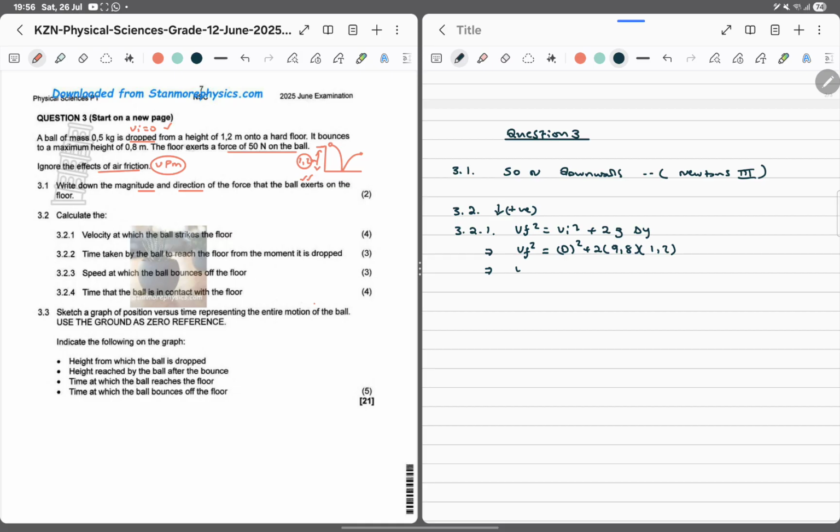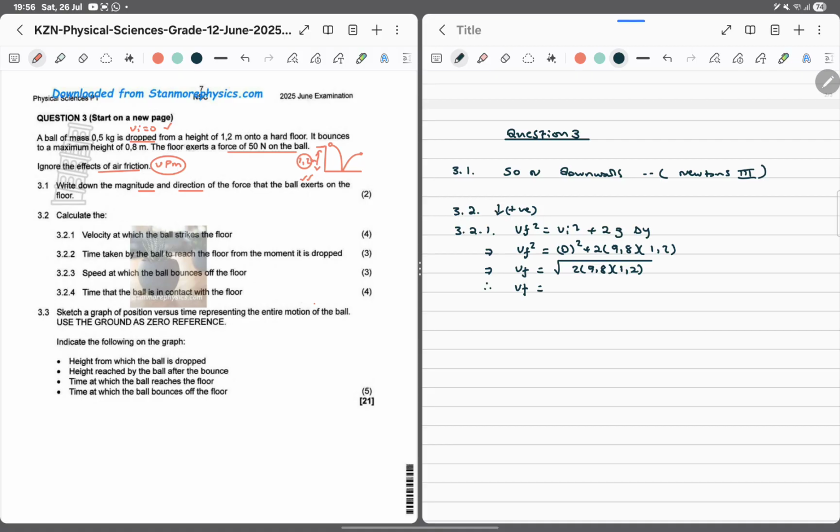So this implies that our final velocity is going to be the square root of essentially 2 into 9,8 into 1,2. Therefore, the final velocity is what we will have there.